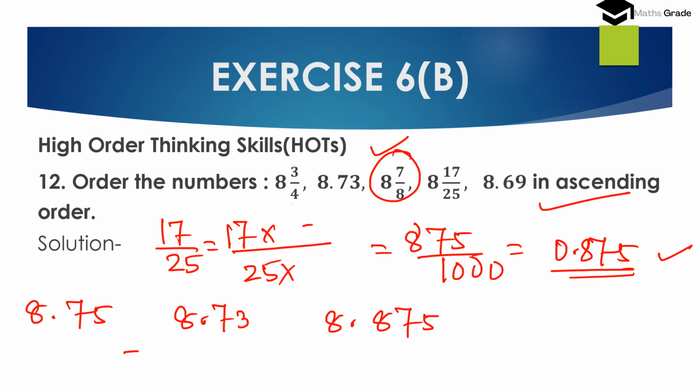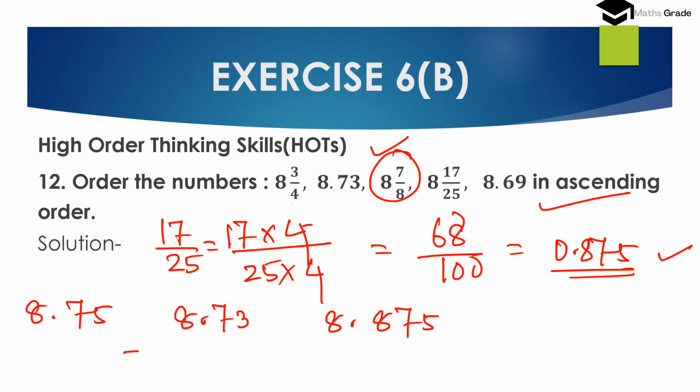So 25 multiplied with 4 will get 100. So we have to multiply the same number 4 with the numerator 17. 17 multiplied with 4 is 68. Now this 68 divided by 100. In the denominator 100 there are two zeros, so we have to place two digits after the decimal point. Now it will be 0.68.